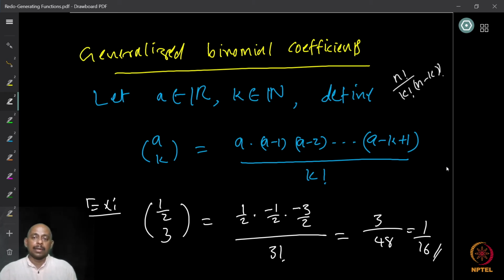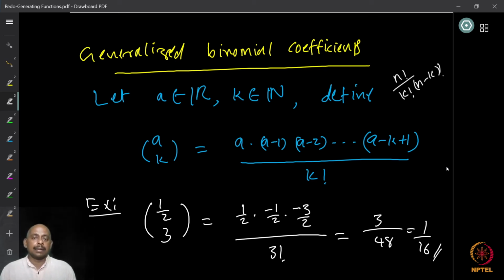So if I take n factorial, it has all these terms, but to remove the last n minus k terms, I have n minus k, n minus k minus 1, etc. up to 1, and that goes to n minus k factorial. So I could replace this by n factorial by n minus k factorial, and therefore I got this nice expression.